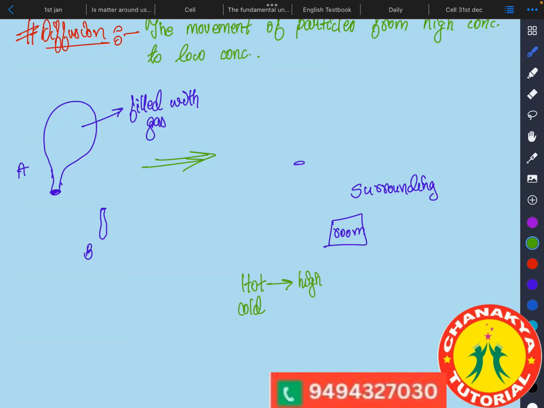This one is high energy, and this one is low energy. So we know that hot is high energy, cold is low energy. The surrounding right now, in the winter season, has low energy, isn't it? Yes, sir.